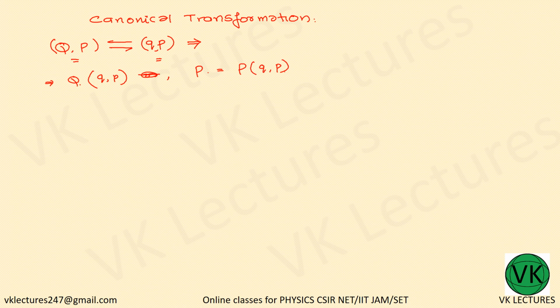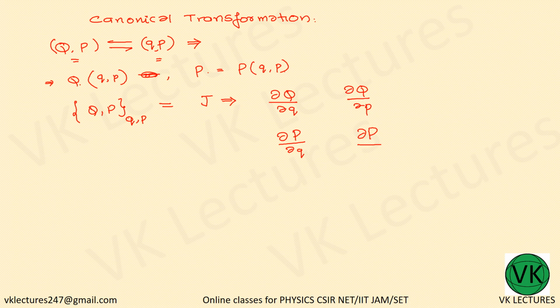And the Poisson bracket of capital Q, capital P with respect to small q, small p gives you the Jacobian determinant in this way: dou capital Q by dou q, dou capital Q by dou p, dou capital P by dou q, and dou capital P by dou p.